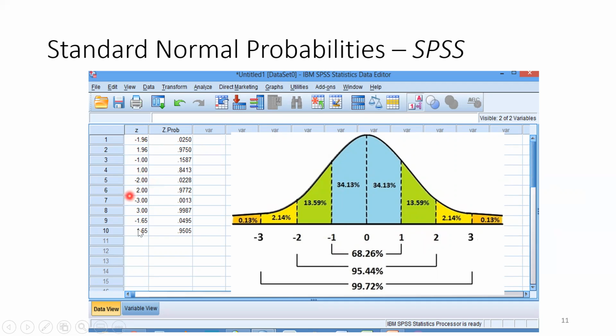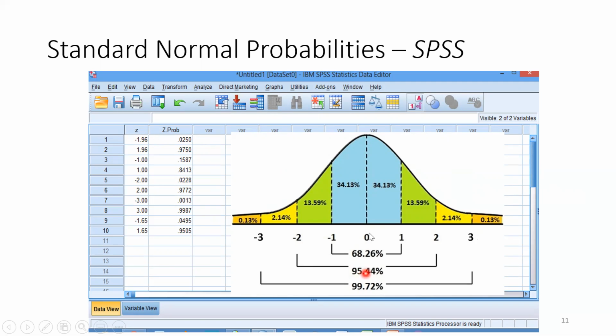I used the software SPSS for calculating the probability.